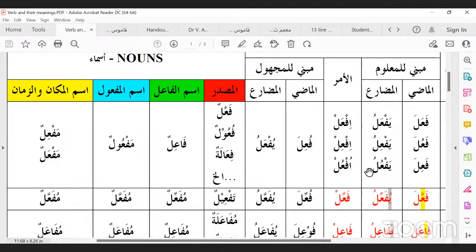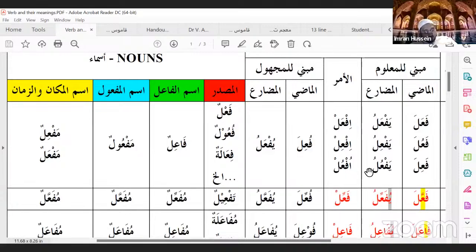And then it becomes matbakhun. The dhamma on the ba in the present tense changes to a fatha, and it goes to maf'alun, matbakhun.